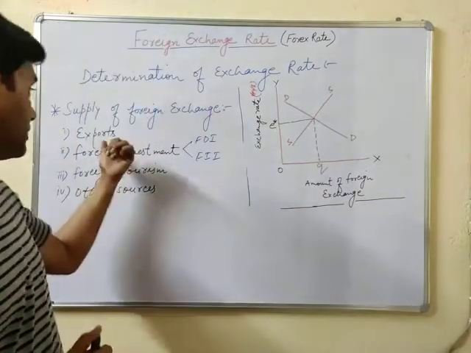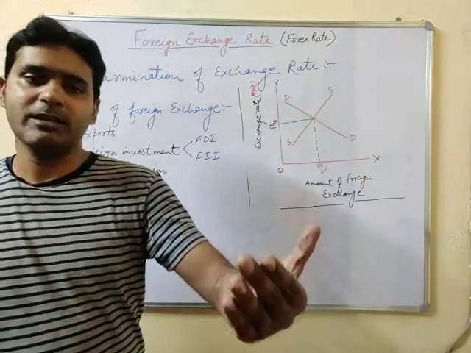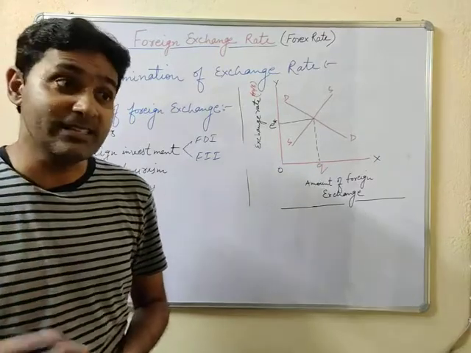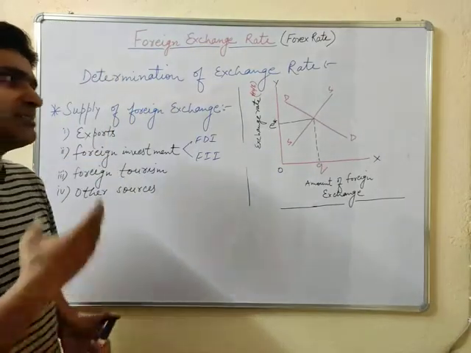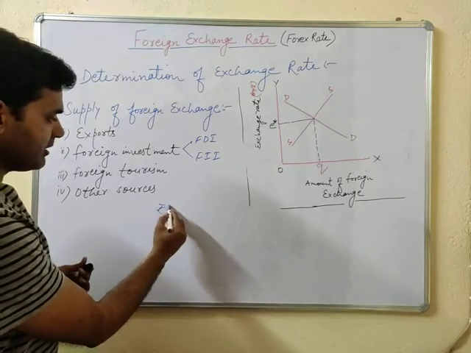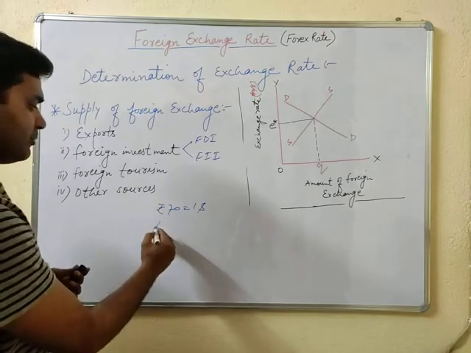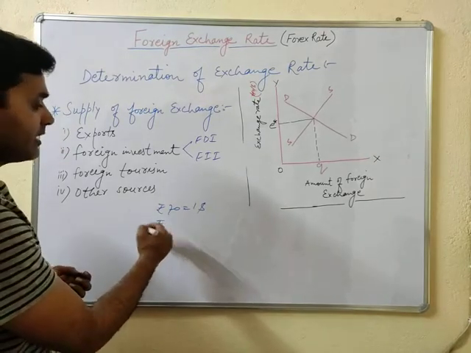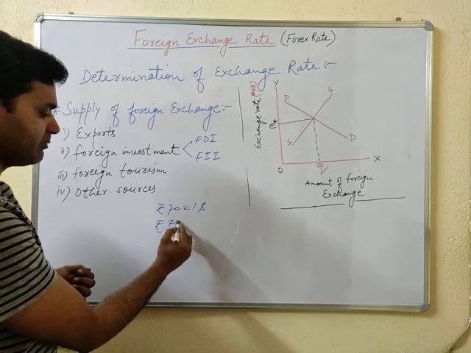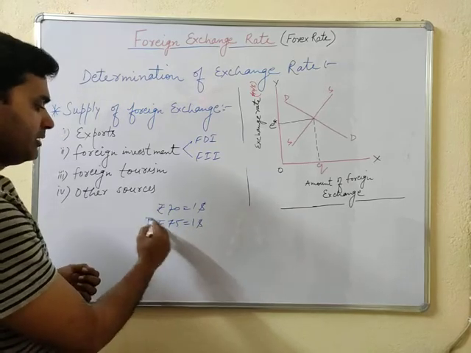If we look at exports, when our exchange rate increases, it means the exports will also increase. If our domestic currency is depreciated, say for example today 70 rupees is equal to $1, and suppose the exchange rate increases from 70 to 75 rupees for $1. What does it mean?